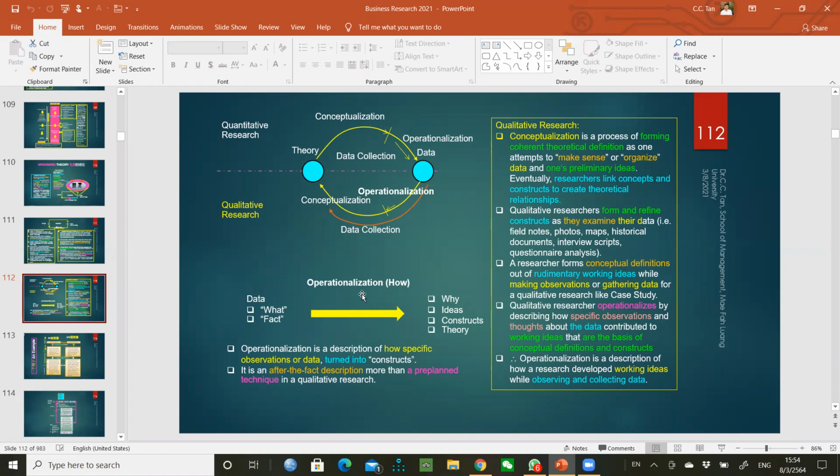So you slowly already understand the process of both quantitative and qualitative, especially since I have gone through grounded theory, which is almost the most important methodology in qualitative, starting from how you collect the data, and then you analyze the data through thematic analysis of the data scripts.